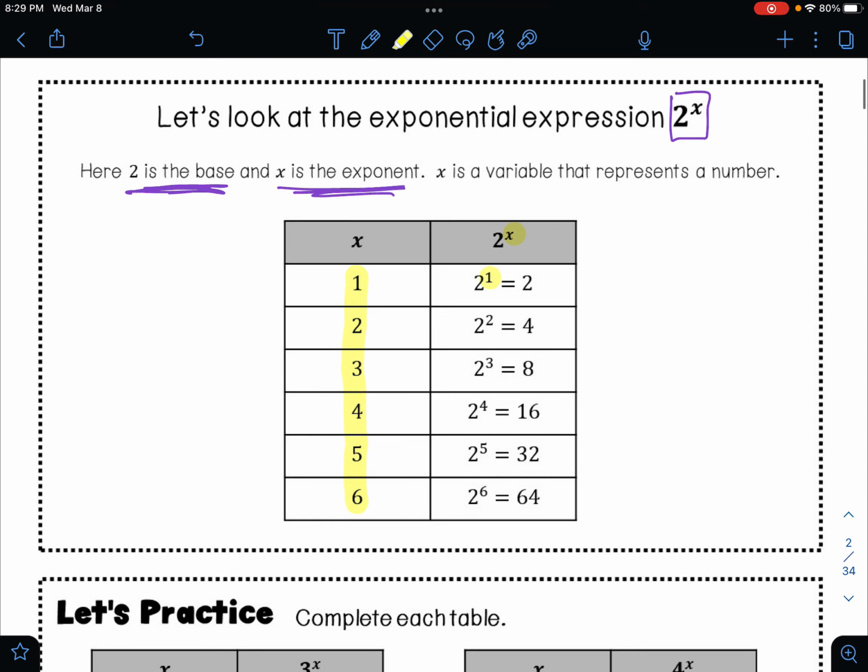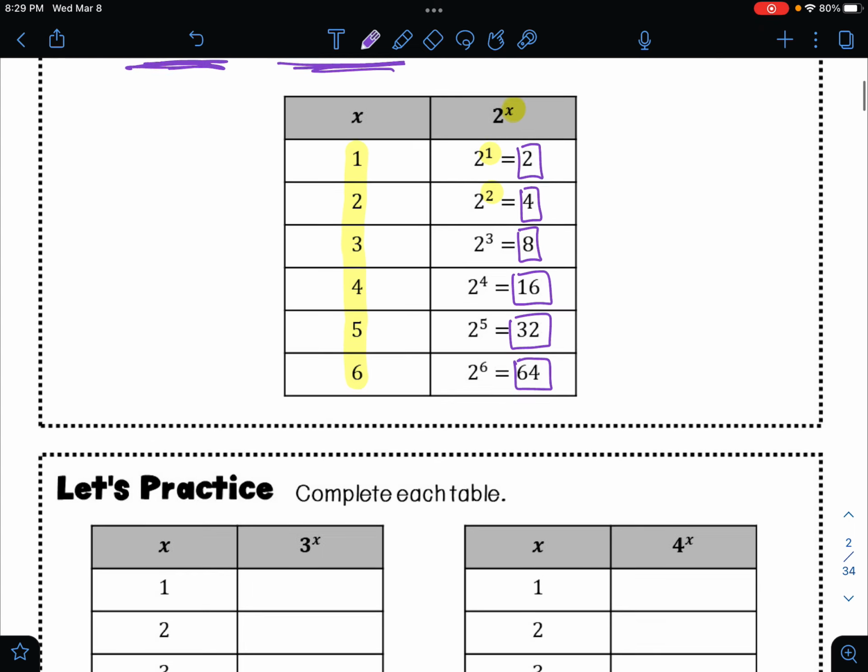So that would give me 2 to the first. Well, 2 to the first is just 2. If I replace the x with 2, 2 squared is 4. 2 cubed is 8. 2 to the fourth is 16. 2 to the fifth is 32. And 2 to the sixth is 64.